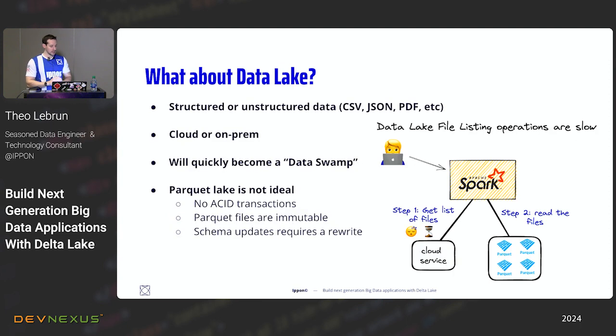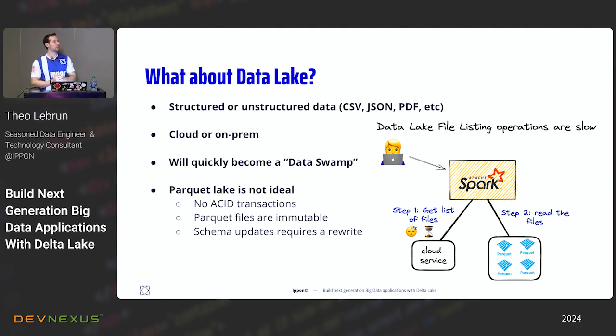So now a new concept was introduced, more recently: the data lake. Well, what's a data lake? Essentially, a data lake is pretty simple. You can have all sorts of data: structured, unstructured, semi-structured data. So JSON, CSV, PDF, Excel spreadsheets, whatever you want.